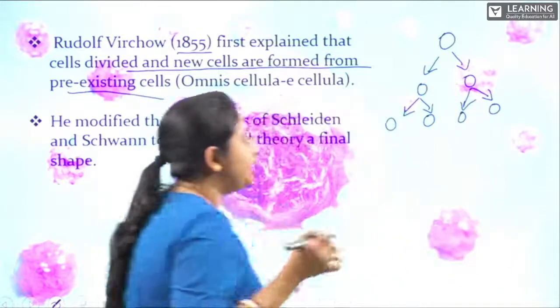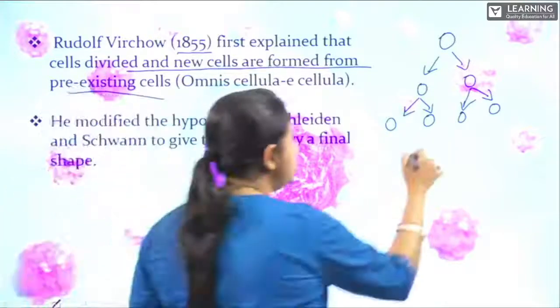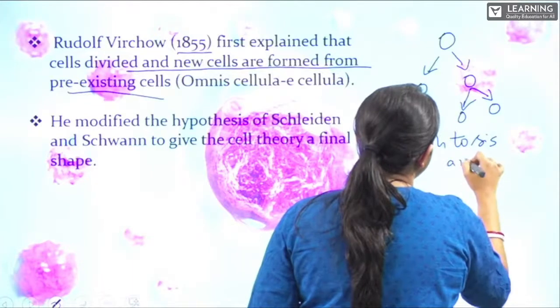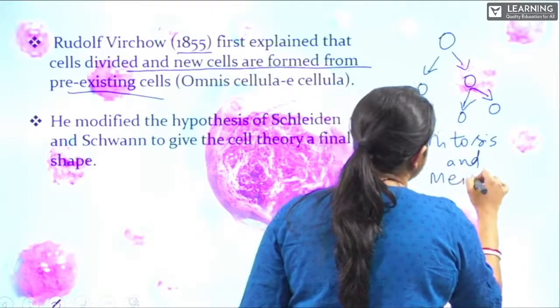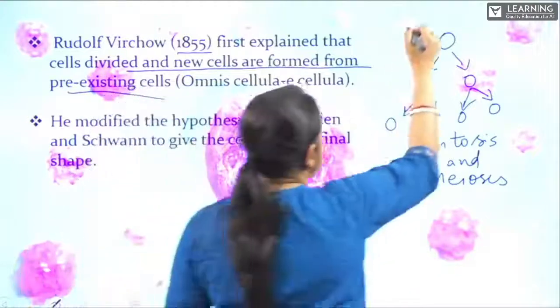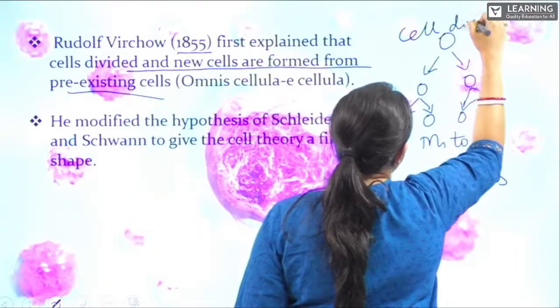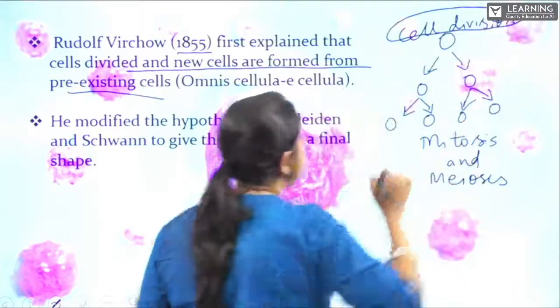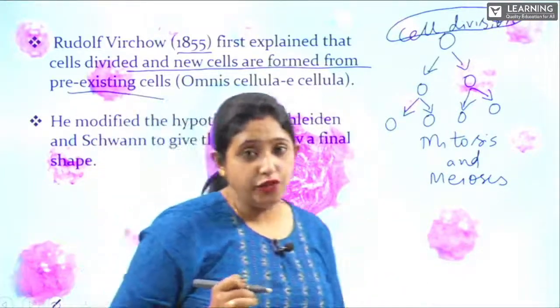This is how cell division takes place, following mitosis and meiosis. So, who explained this cell division? Cell division was explained by Rudolf Virchow.